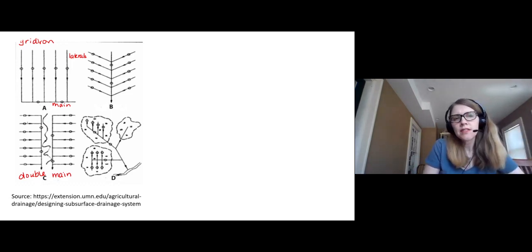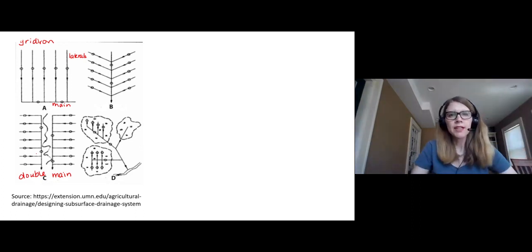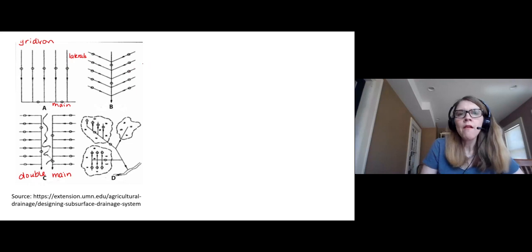Sometimes we use this kind of construction to keep saturated conditions out of a grass waterway when we're trying to get that grass to establish, and we want those conditions to be dry enough for the grass to get good coverage. We might put a drainage system like this in the field, if we're doing drainage in the field anyway, to route those mains alongside the grass waterway to prevent saturated conditions in that waterway.